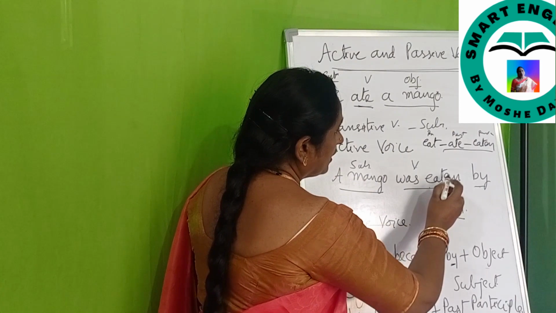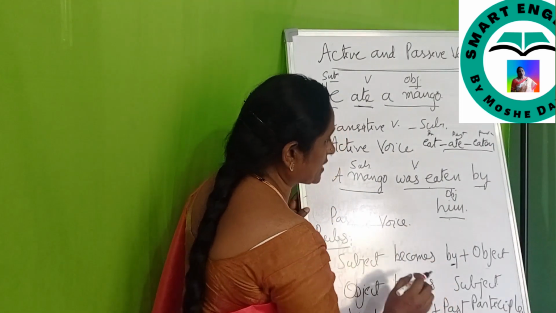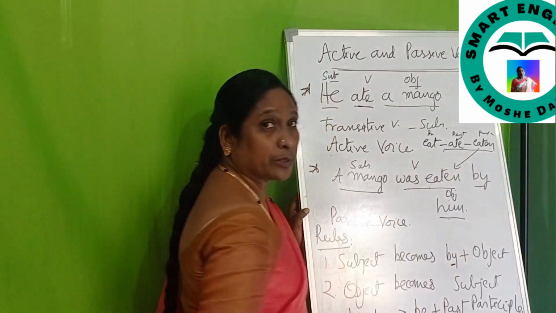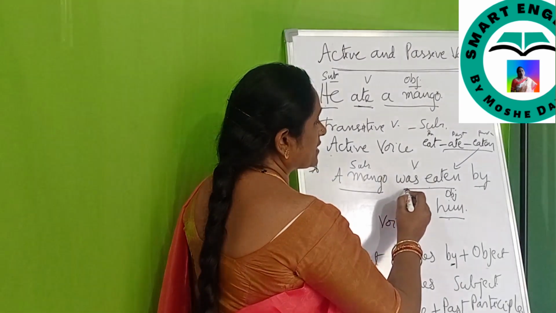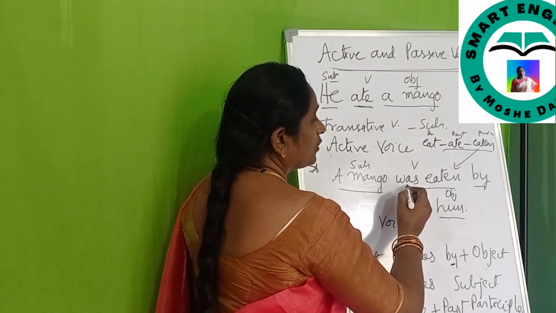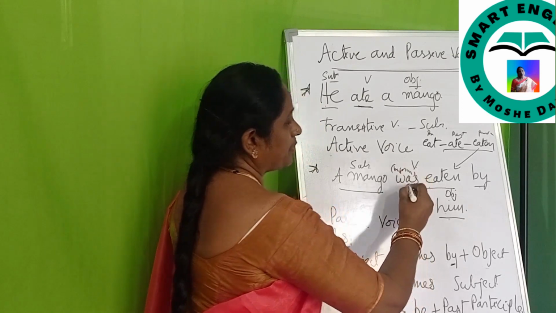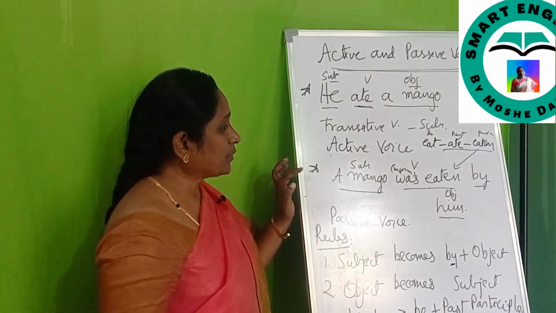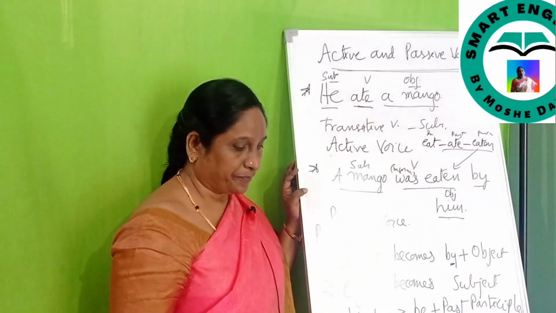So what is the rule here? Verb becomes be plus past participle. This is the past participle: eat, ate, eaten. And because this is past tense, we are using this be form, was. So here, a mango was eaten by him.